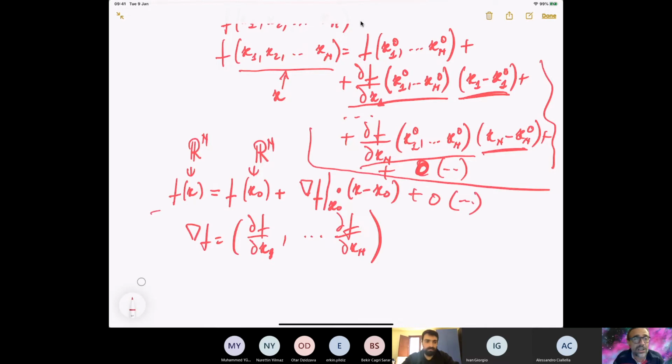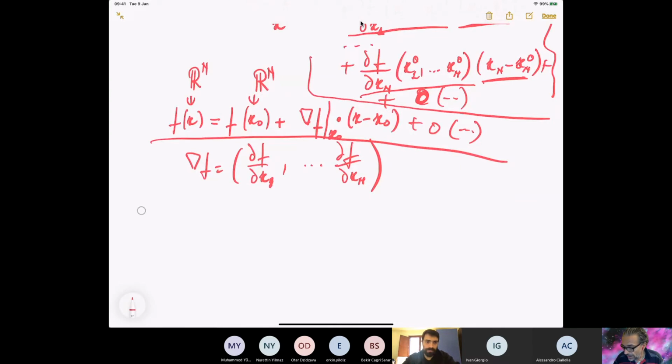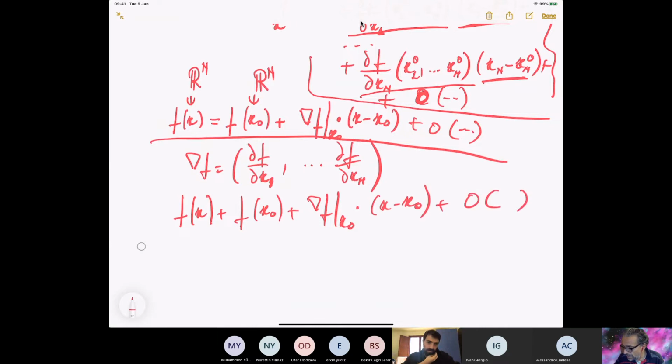So without changing anything, I can write the Taylor expansion in this compact form.